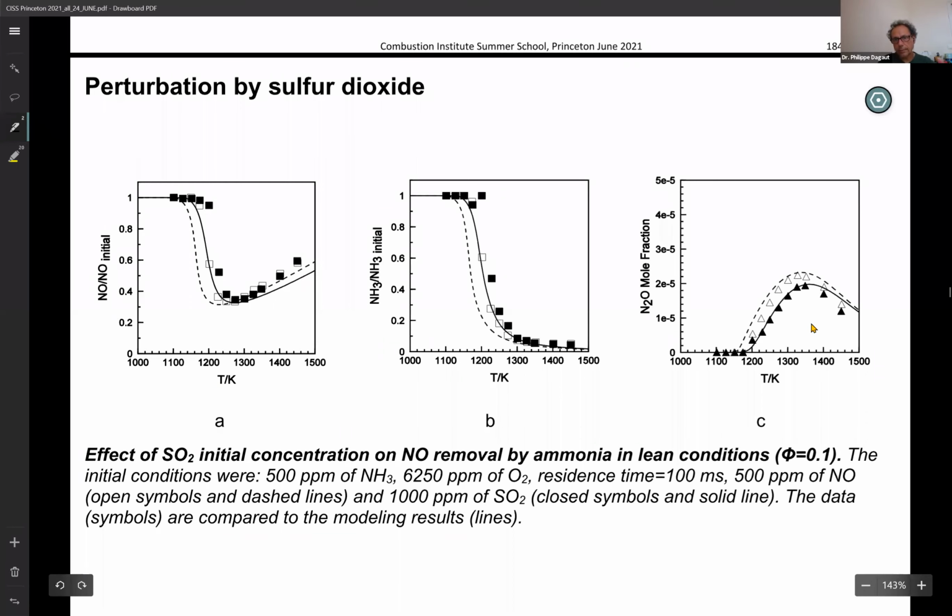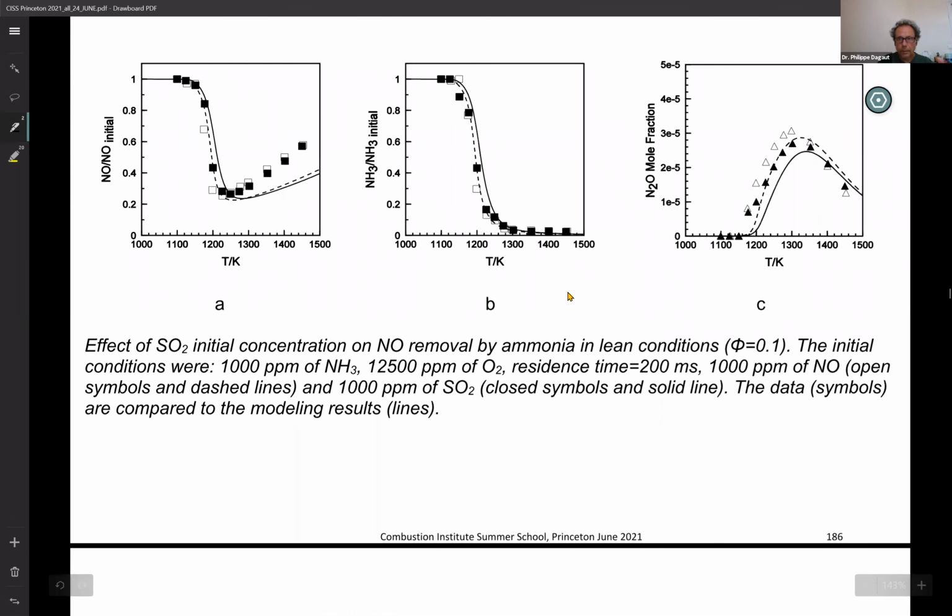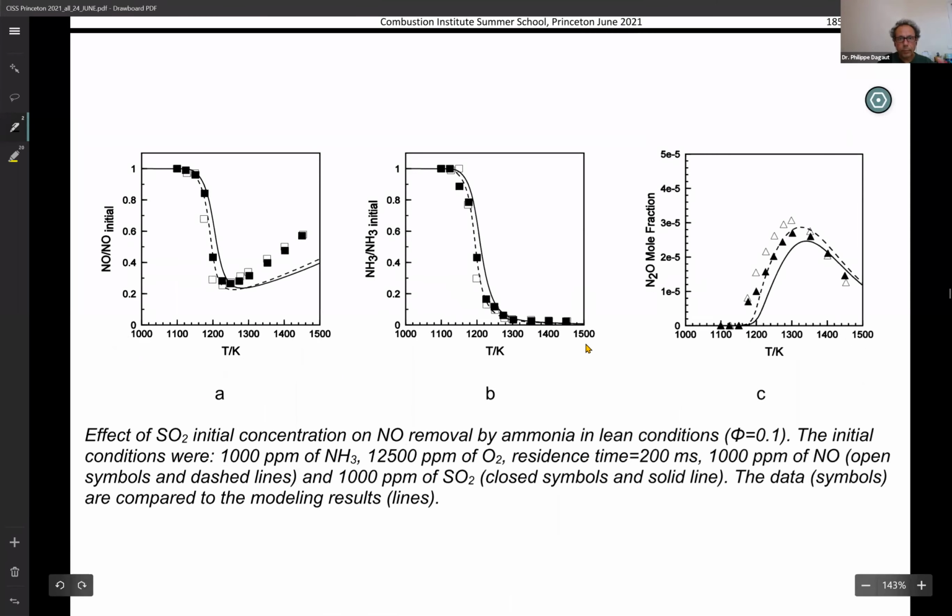It has a slight effect on the formation of N2O, as can be seen here. It tends to limit the formation of N2O. We performed several experiments of this type, and in every condition we investigated, we have the same behavior. We have a shift towards slightly higher temperature of the different profiles.